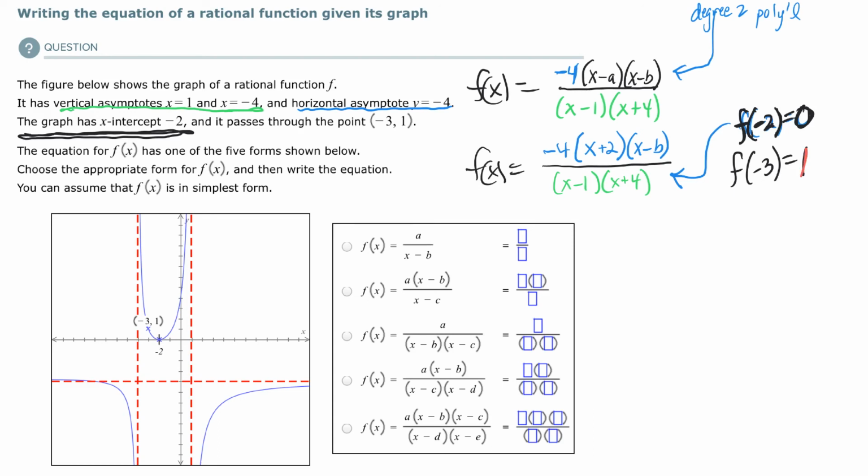Why don't we take this information here and use it? That information says f of negative 3 is an output of 1.